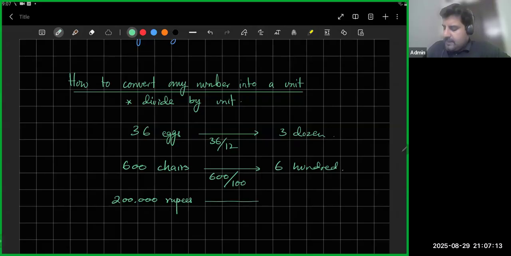I want to convert that into thousands. So what I'm going to do is, I'm going to take that number and I'm going to divide that by 1000. So कितने thousand हो गए? That's 200.